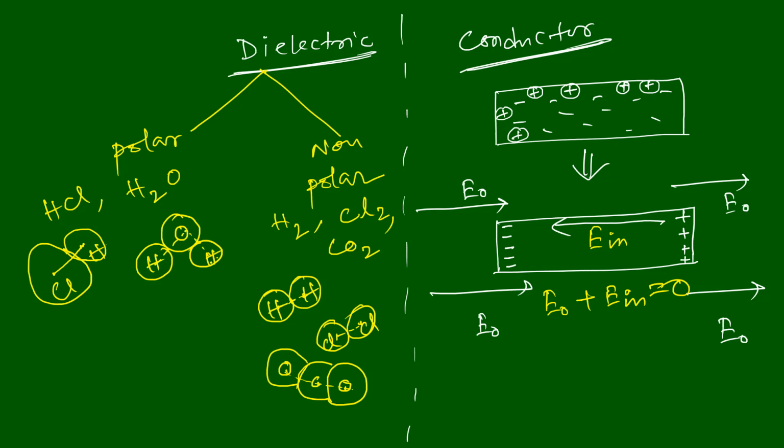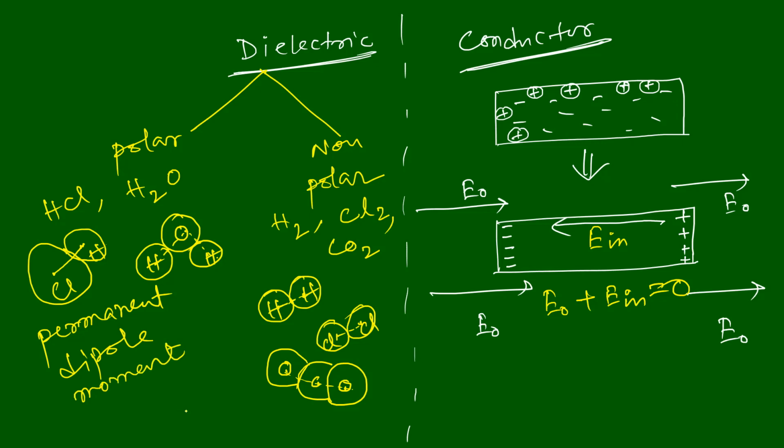Their centers are separated by some distance, and one side is positive, the other negative. Whenever two equal and opposite charges are separated by some small distance, it forms a dipole. That's why polar molecules have a permanent dipole moment.